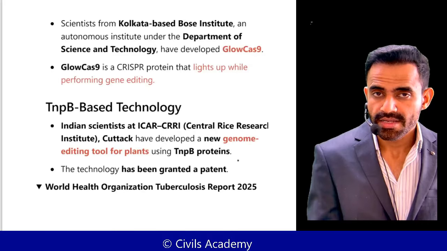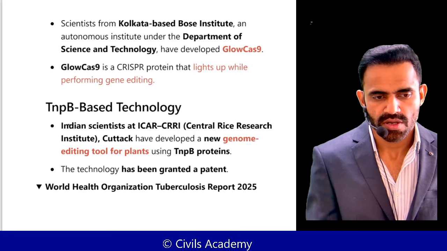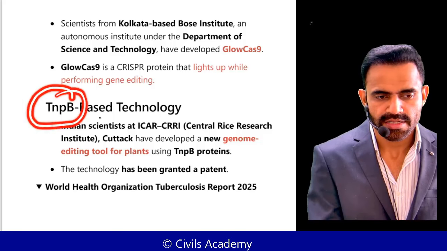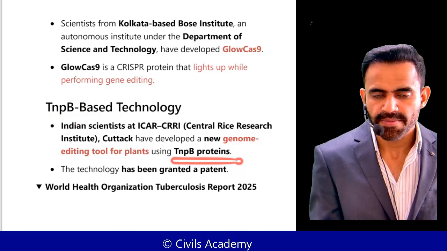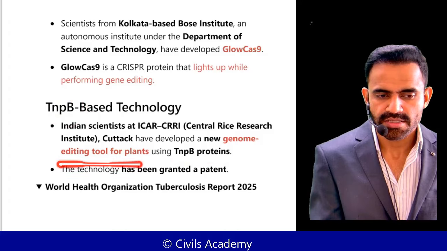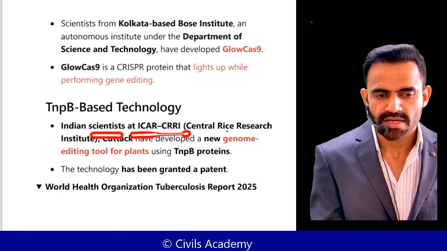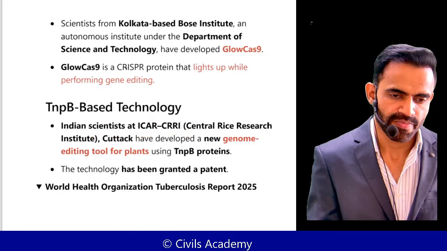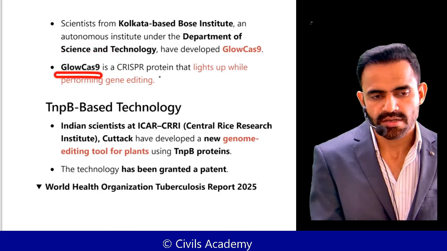In this context, recently there was gene editing in plant technology also, and this is referred as TnpB. Just remember this thing. So this TnpB protein will help in gene editing for plants, and this has been developed by the Indian scientists at ICAR CRRI. Then there was one more technology related to CRISPR, that is Cas9.